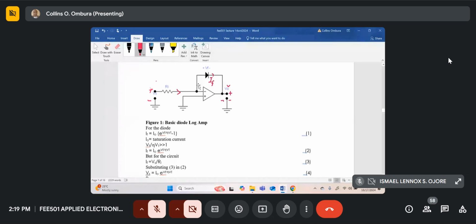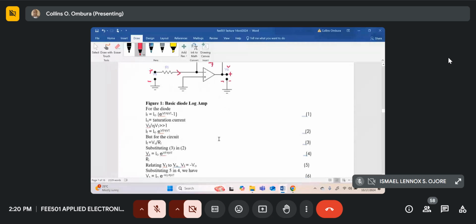So if you look at the orientation of Vf and V naught, the positive side of V naught is connected to the minus side of Vf, and the minus side of V naught is connected to the positive side of Vf through the virtual earth. So we can write that Vf is the same as minus V naught.